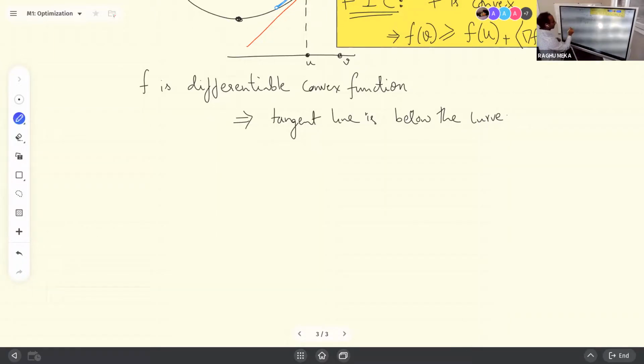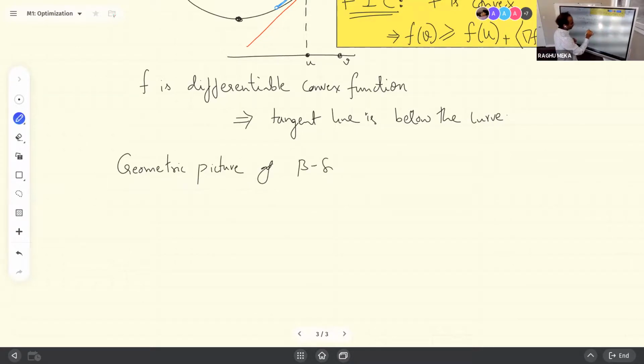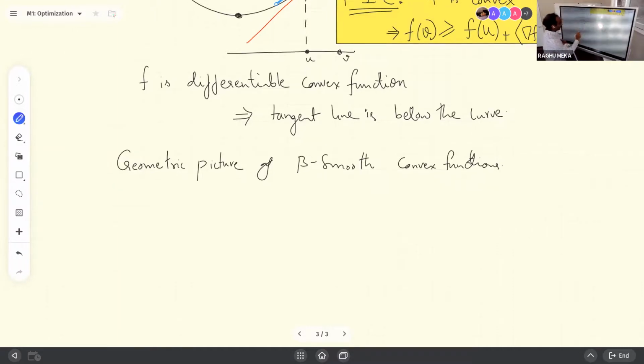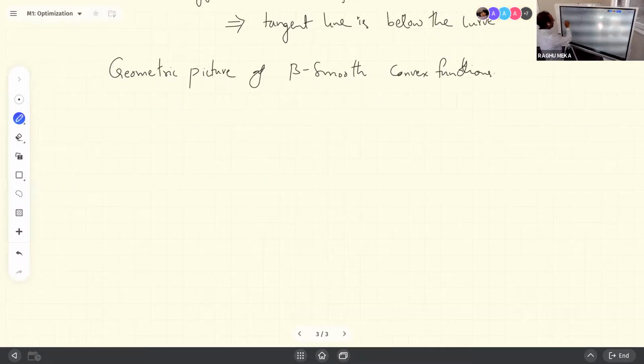So going back, the geometric picture of beta smooth convex functions. Right, so the way to think about it is, maybe I have something like this.